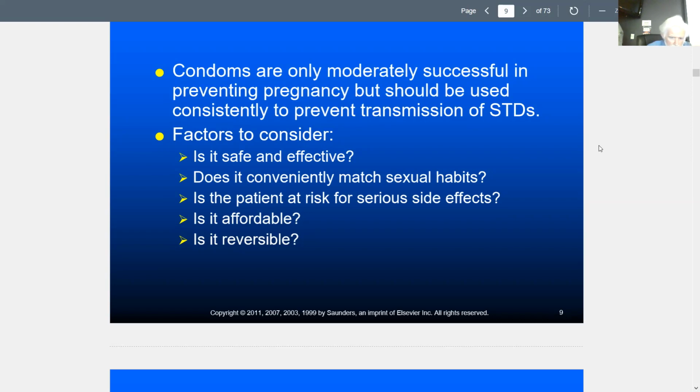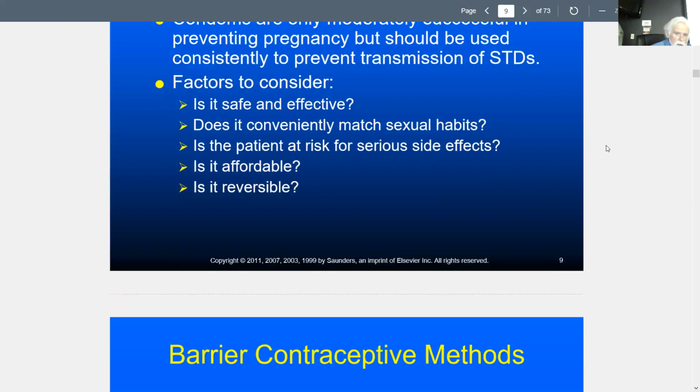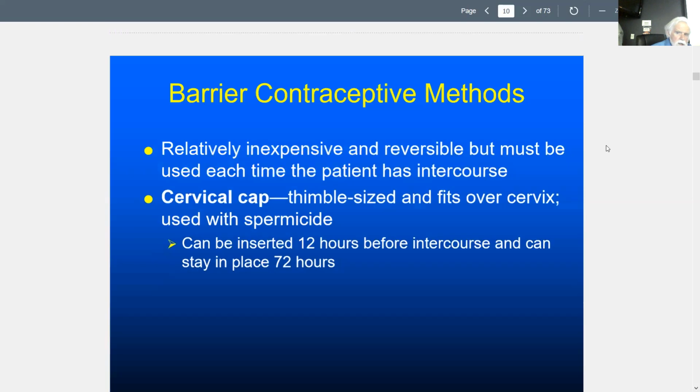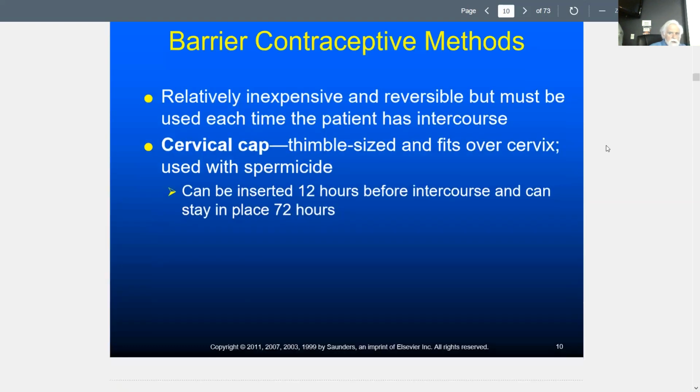So what we want to do is look at, if we're trying to prevent pregnancy, these factors to consider here. And really, that is something that each individual and each couple needs to decide. Barrier methods are used a lot.